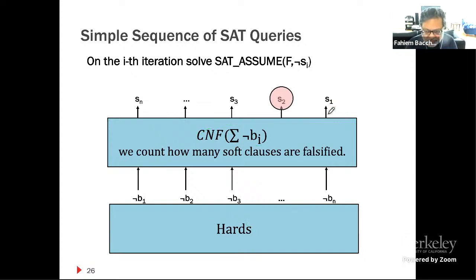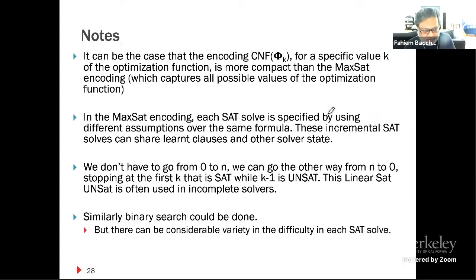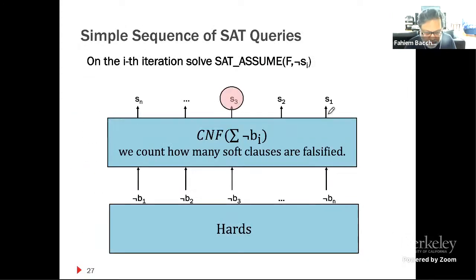And if you can't do that, can you solve it when 1 soft is falsified and when 2 softs are falsified? And you keep on going. And so this gives you a very simple way in which you can set up one formula and then through a sequence of SAT solving with assumptions, find the optimal.